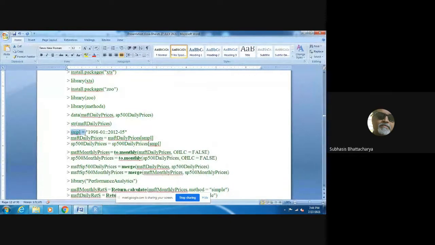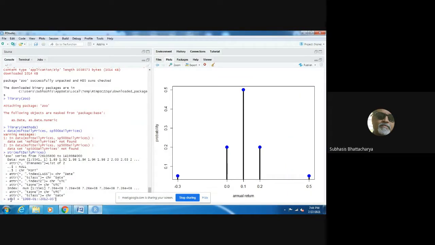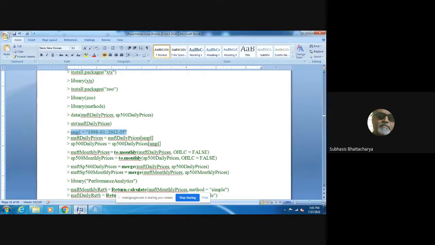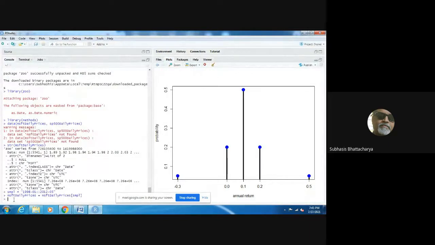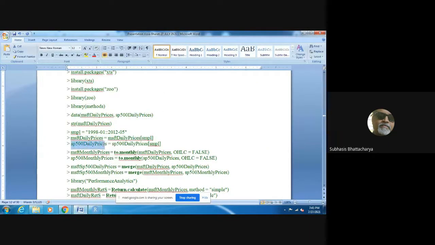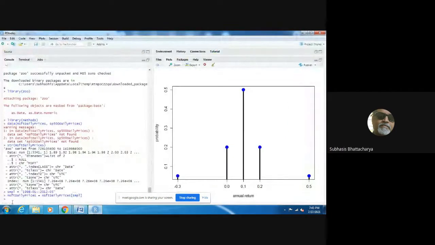I take a sample. Now this is new. Now I take a sample. That means some restriction over the data. That is daily prices of the Microsoft sample, because otherwise the total data will appear. And the Standard and Poor 500.